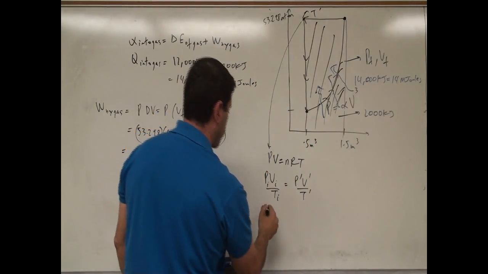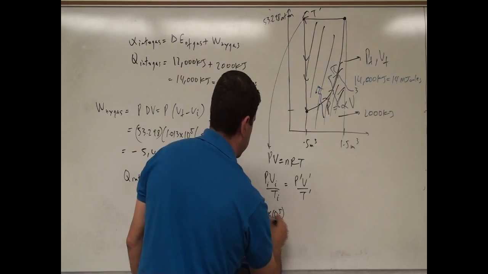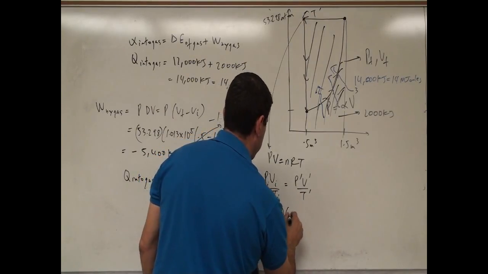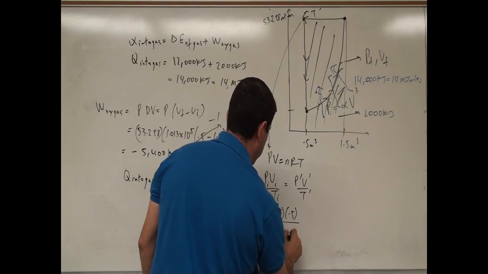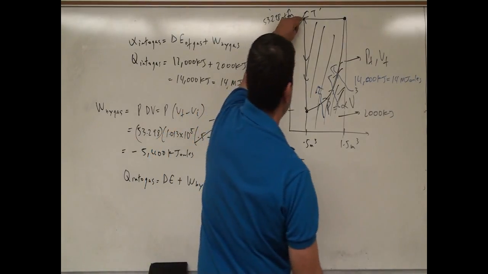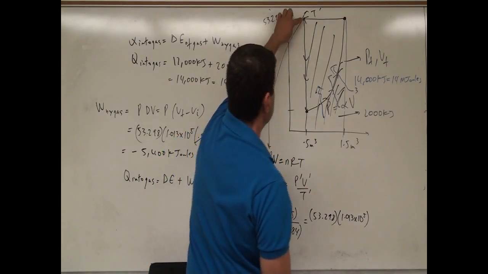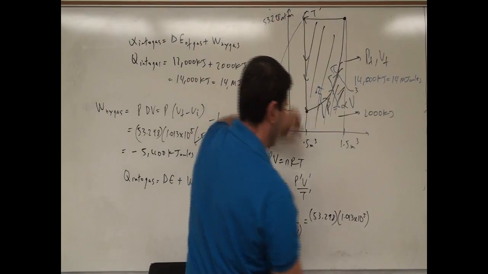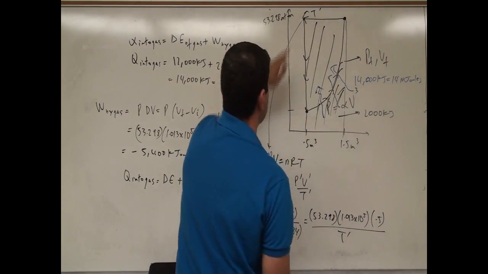So I can say the initial pressure is 2 times 10 to the 5th Pascal. The initial volume is 0.5 cubic meter. The initial temperature was 300.84. Okay, the pressure up here is equal to 53.298 Pascal, right? The volume is going to be what? Well, the volume here and the volume here are both the same, so we can say 0.5 over the temperature over here, right?